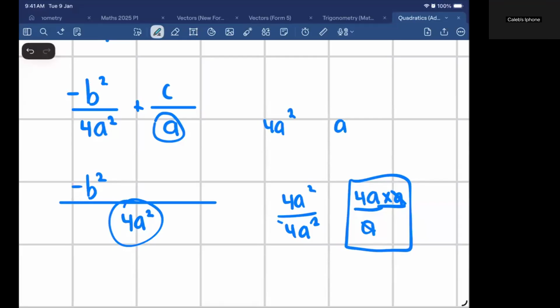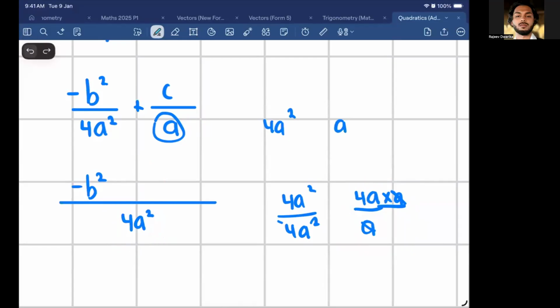Not just 4 times, 4a times. Because you have to multiply a by 4a to get back 4a squared. So a could go into 4a squared 4a times. And what am I going to multiply that 4a by?